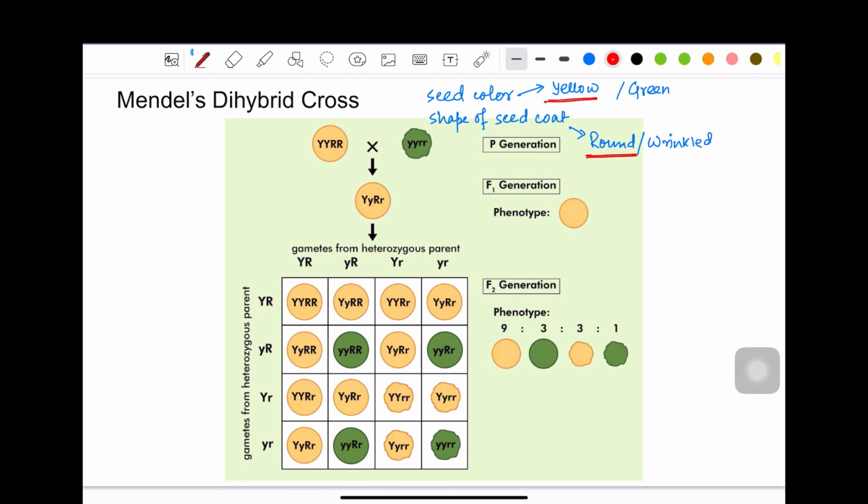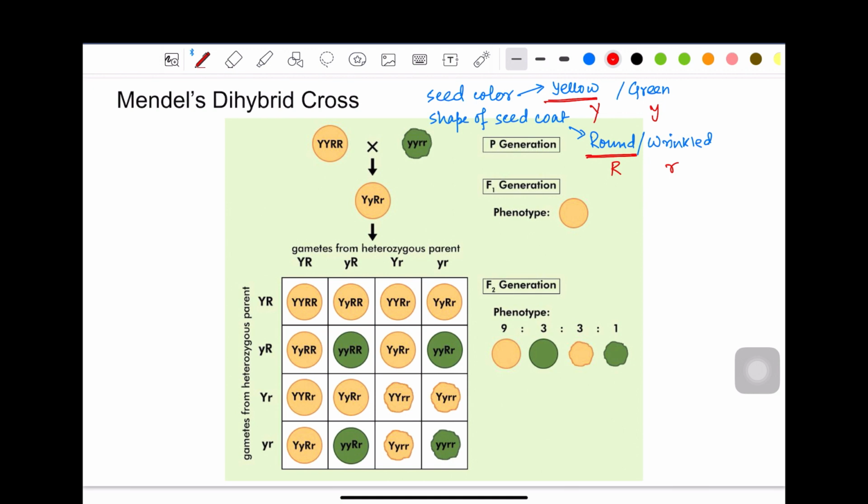That is why round is denoted as capital R and wrinkled as small r, whereas yellow is denoted with capital Y and green with small y. It is very critical to note here that the dominant characters are usually denoted with capital letters.